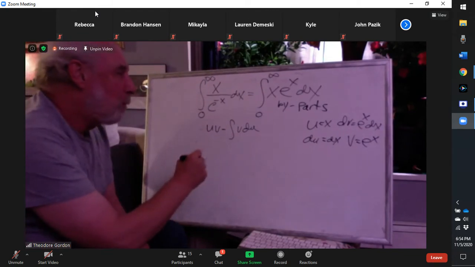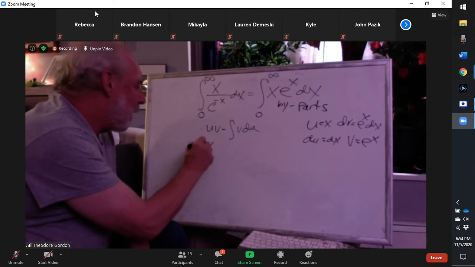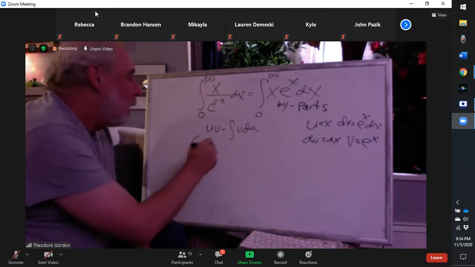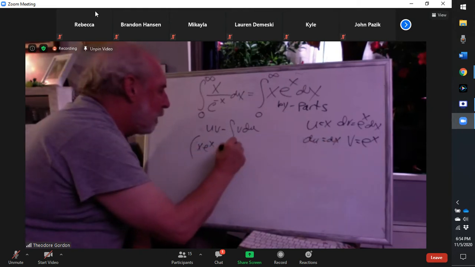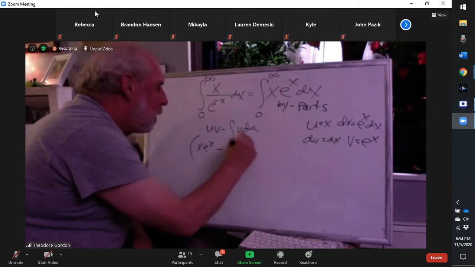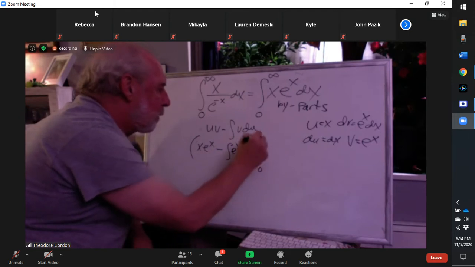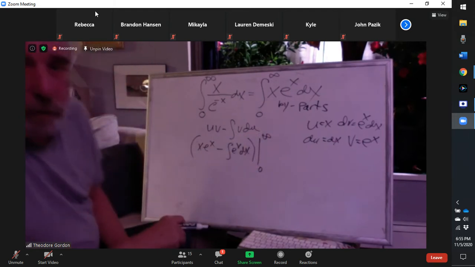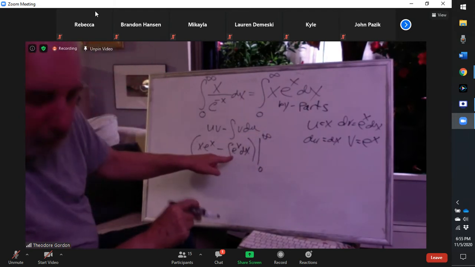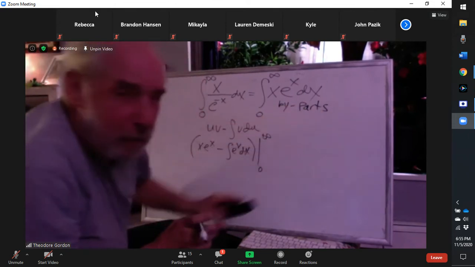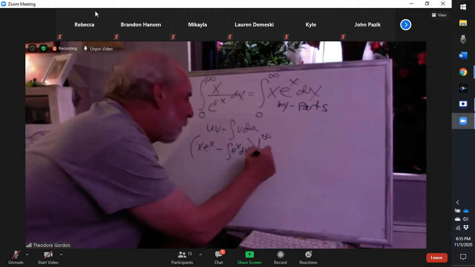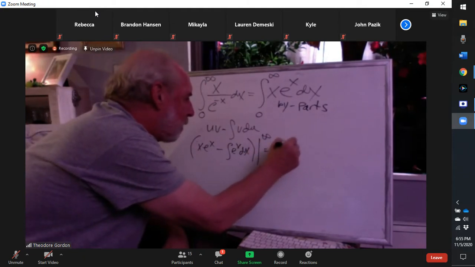So u times v is x e to the x. And then we get minus the integral of v dx, which is e to the x dx. And all of this is from 0 to infinity. So always with by parts, there's another integral to do. Sometimes more than one, right? So this becomes x e to the x.